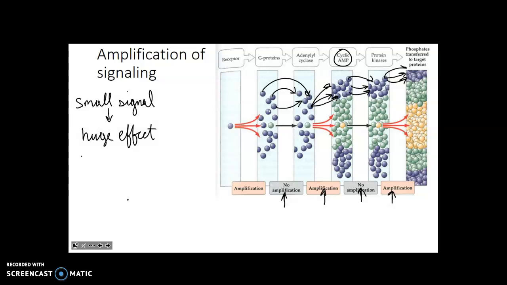For example, norepinephrine generates thousands of second messengers, right? So we get thousands of G proteins that might get activated here, if this is our norepi receptor.